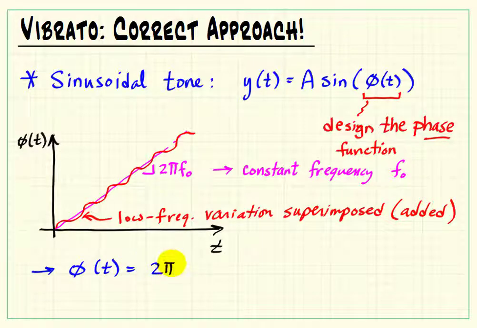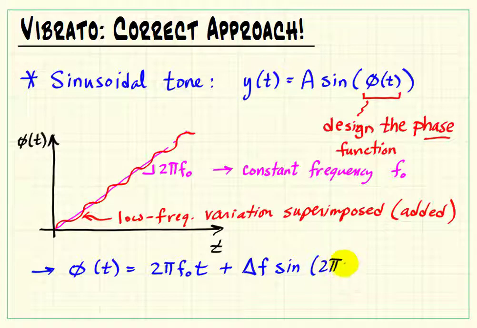Therefore, our phase function phi of t can become the ramp function 2 pi f naught times t plus the frequency deviation delta f, which serves as a constant amplitude for our sinusoidal variation, which has frequency fr for the rate.